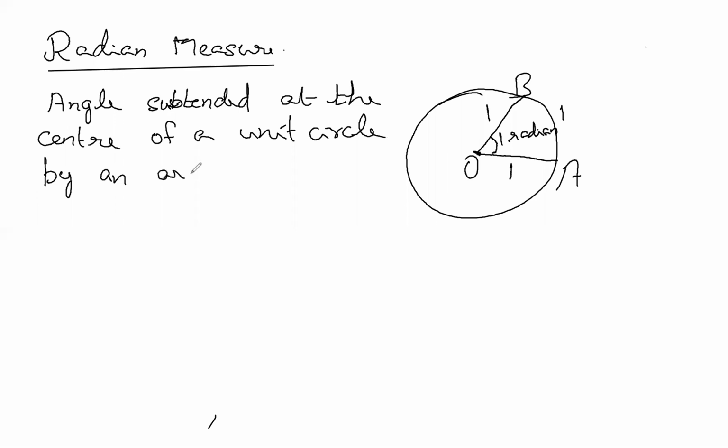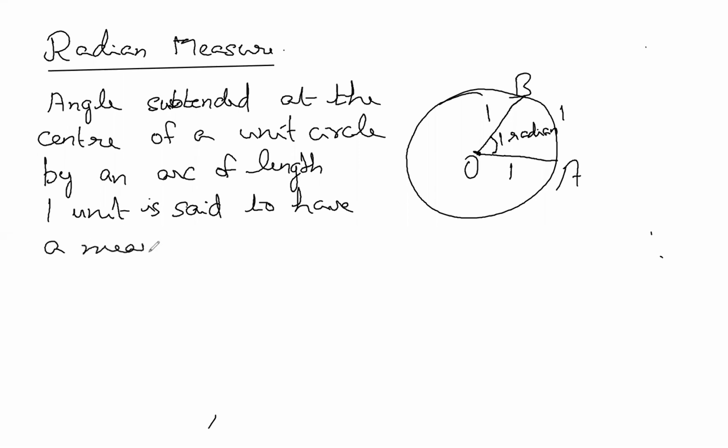Unit circle means a circle of radius 1 unit. So the angle subtended at the center of a unit circle by an arc of length 1 unit is said to have a measure of 1 radian. So this is our definition of 1 radian, the new measure.